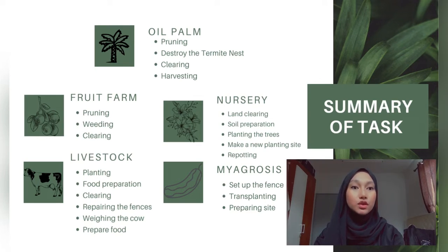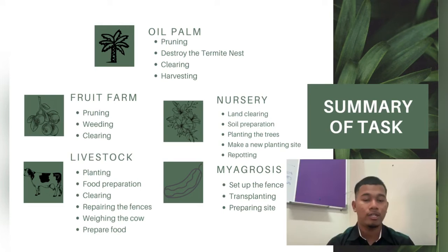In the livestock week, we did planting, which is planting Scotch grass for the cows, and food preparation for the cows. After that, we did land clearing, and lastly we weighed the cows.